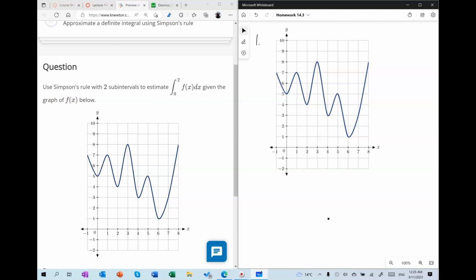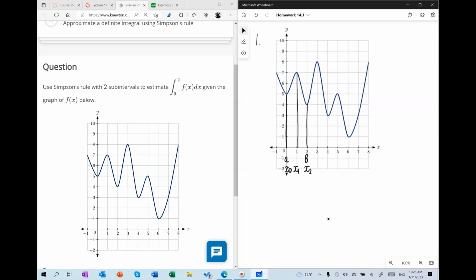So a is 0. This is my a, or x0, and b is 2. So this is my b. And we have two subintervals, so here's the partition.